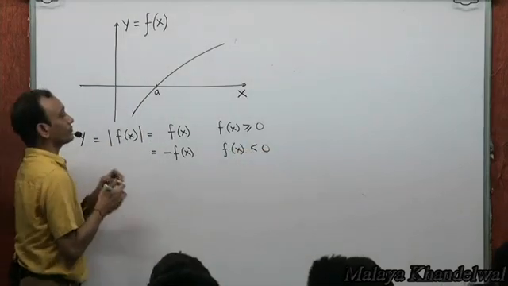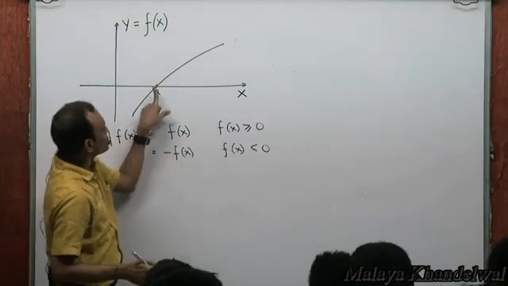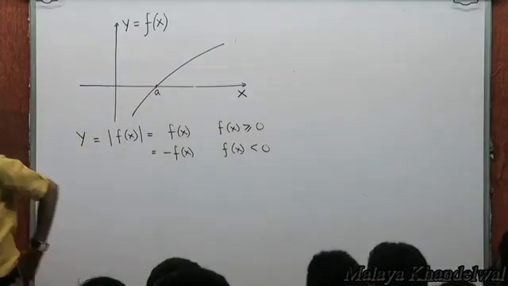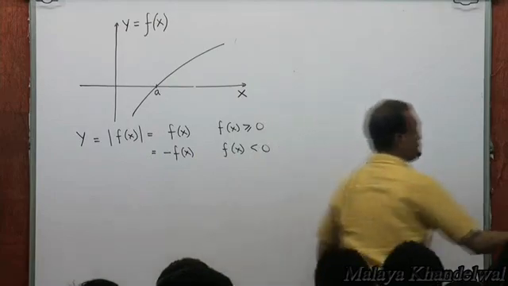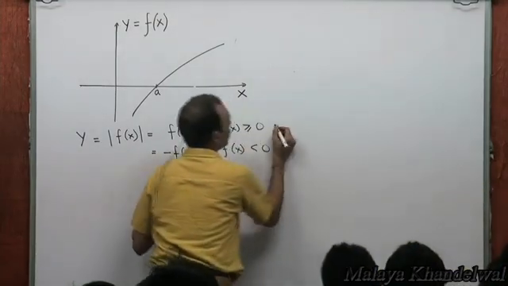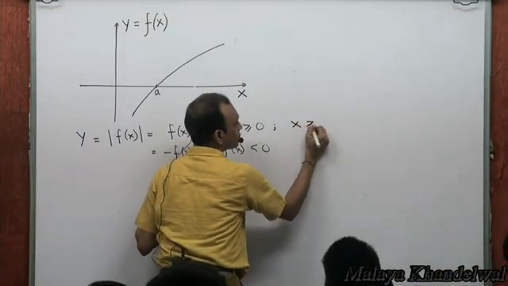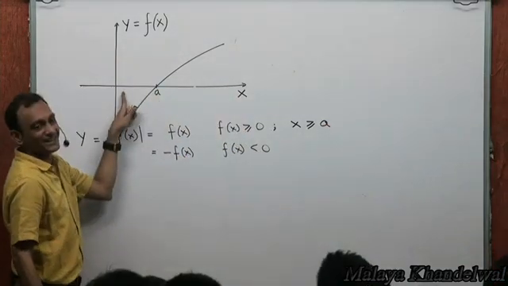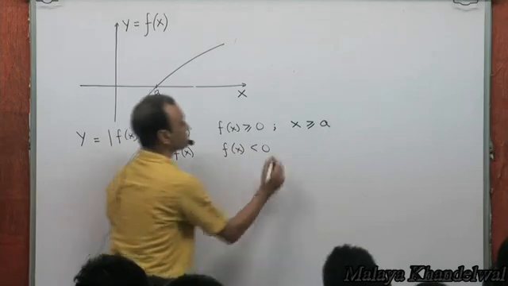That means f(x) is greater than or equal to 0 when x is greater than or equal to a, yes or no? f(x) is less than 0 when x is less than a.